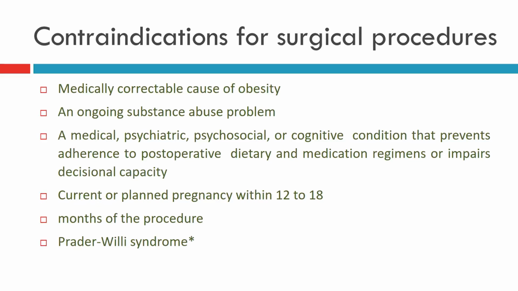Next is a medical, psychiatric, psychological or cognitive condition that prevents adherence to post-operative dietary and medication regimens or impairs decision capacity. Then current or planned pregnancy within 12 to 18 months of the procedure. And the last one is Prader-Willi syndrome.